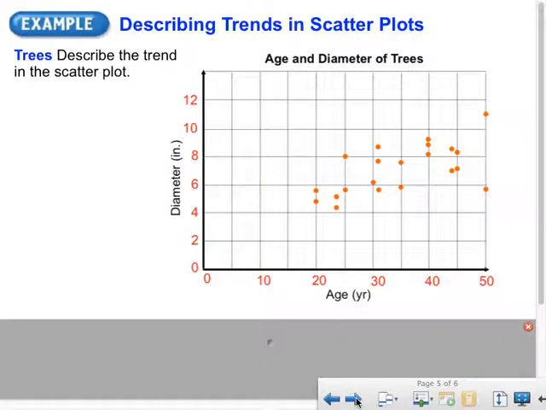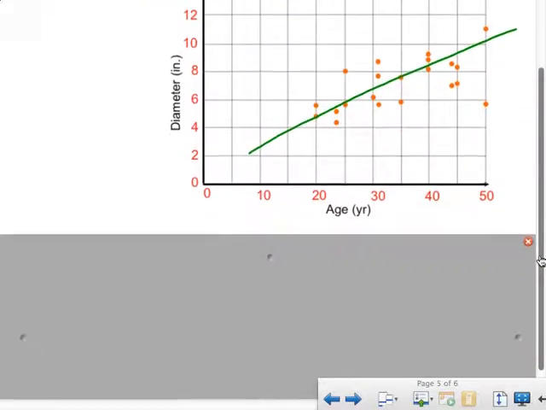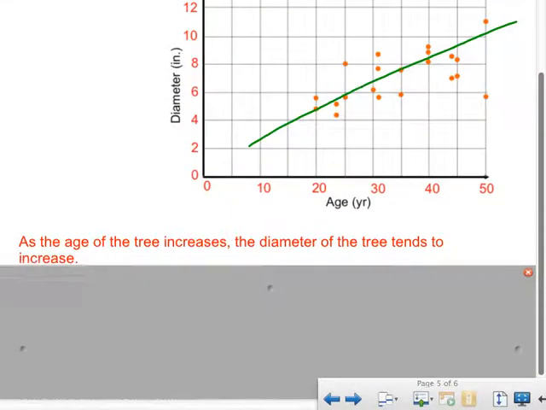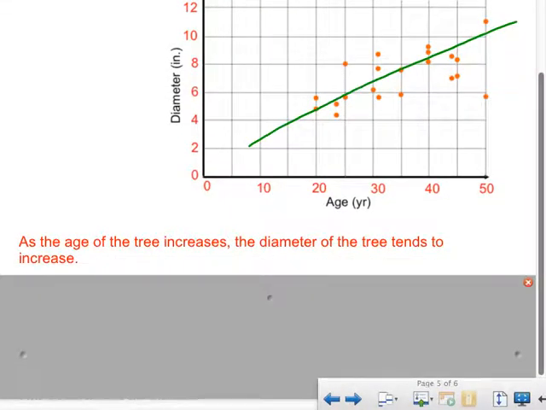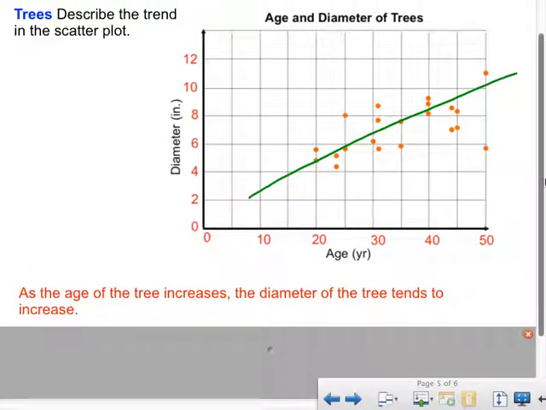Describe the trend in the scatter plot. What's going on here? You're saying no trend? Positive trend. Now, using words and the label of the axes and the title of the scatter plot: as the age of the tree increases, the diameter of the tree increases.